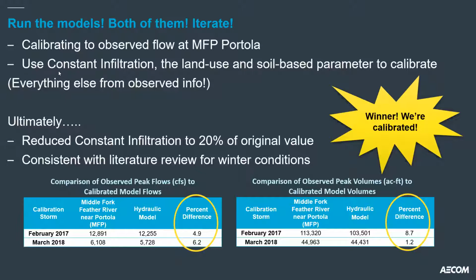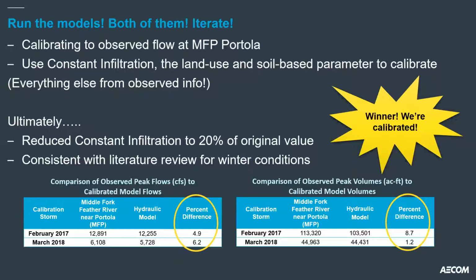Based on this conversation, you can see that most of our input parameters are from observed data, right? All of our snow information is from observed data. Temperature is observed data. Rainfall is observed data. So that left us with basically one parameter to use for our calibration, and it was that constant infiltration.